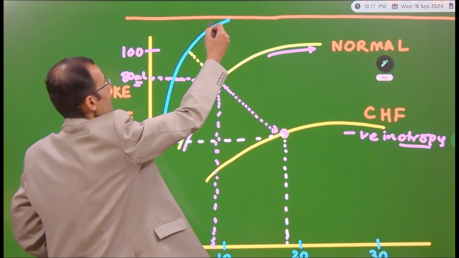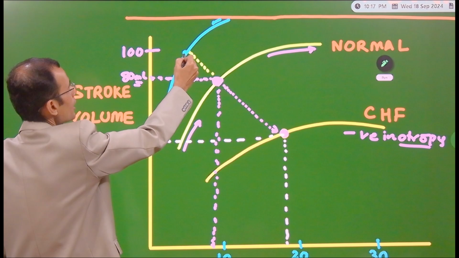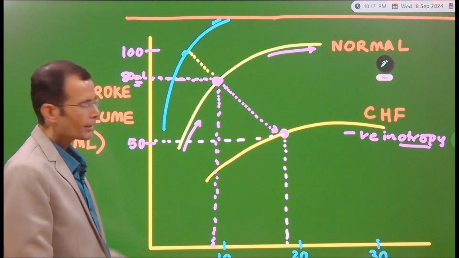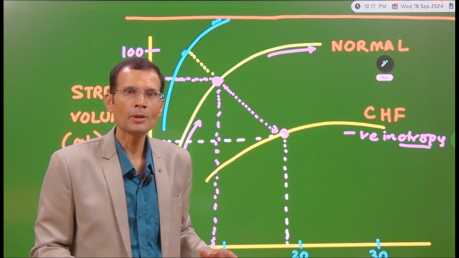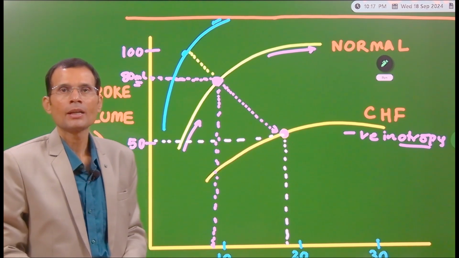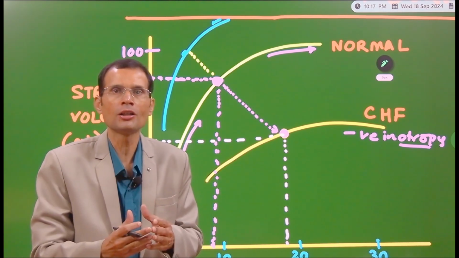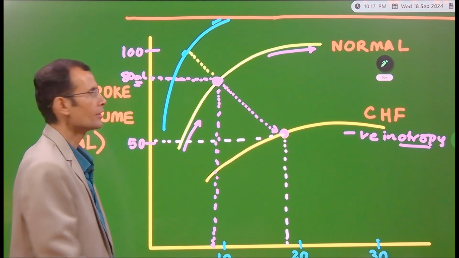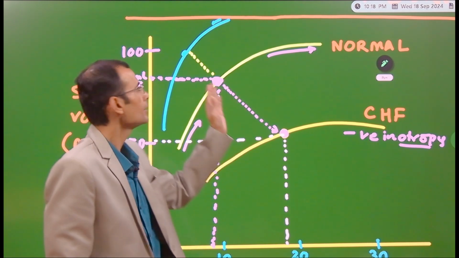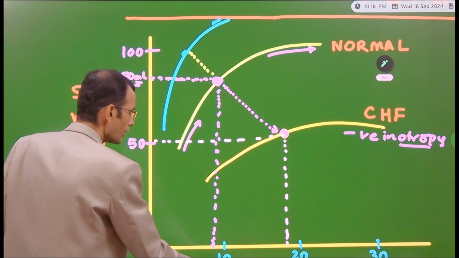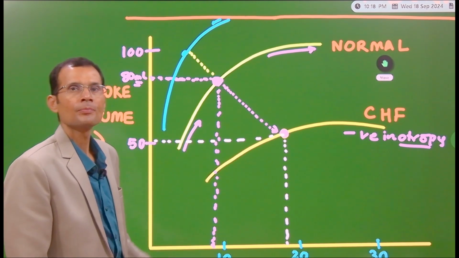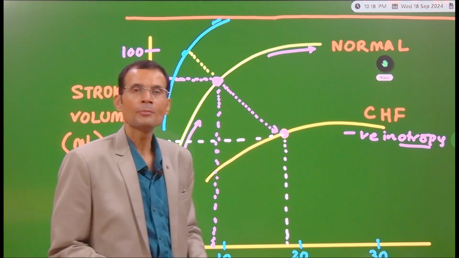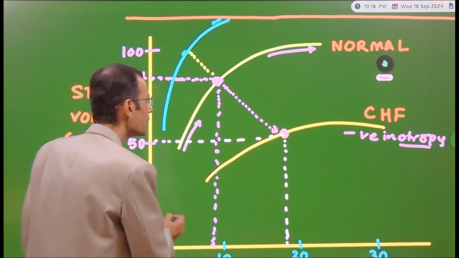So that tells us the stroke volume becomes 100 ml and left ventricular end diastolic pressure is 5 mm of Hg, not rising much. So positive inotropy is a good condition. Heart is contracting stronger. That's what positive inotropic effect is. And stroke volume is higher. That is what is shown in the third curve. All right. So that was the Frank-Starling curve, and the effect of heart failure and negative inotropy on the stroke volume and LVEDP.